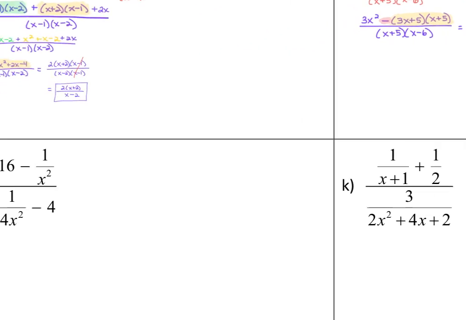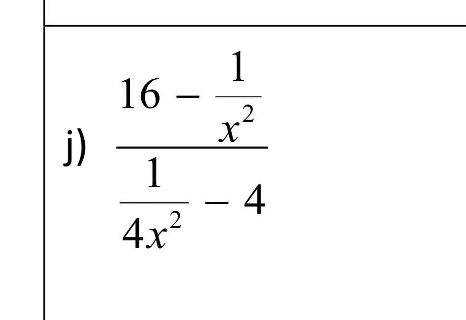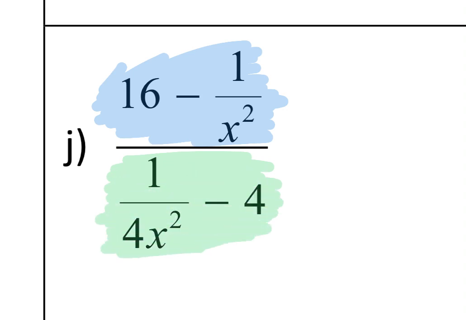Now let's look at these two complex fractions. Remember that a complex fraction is just a big obnoxious division problem, and so it's going to be this big obnoxious numerator divided by this equally big obnoxious denominator. And so what I'm going to do is write that out as a division problem.